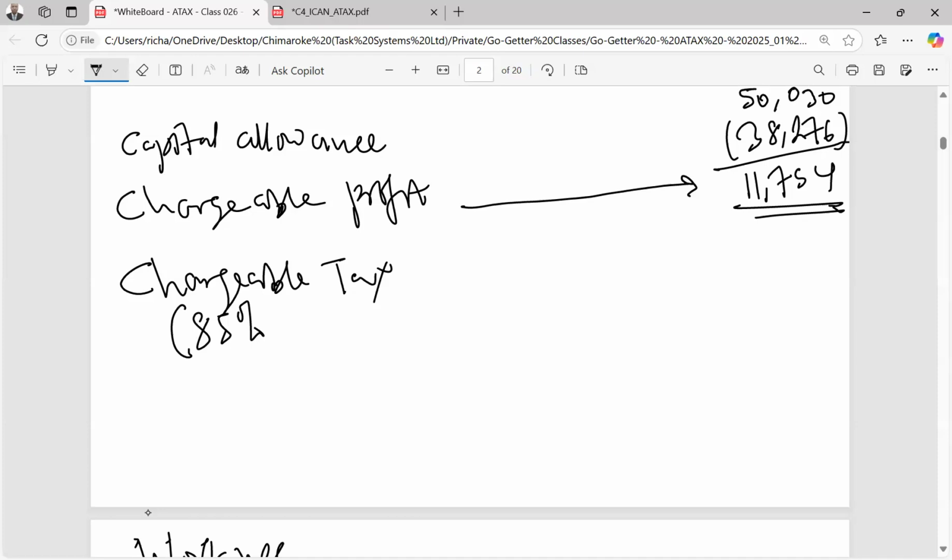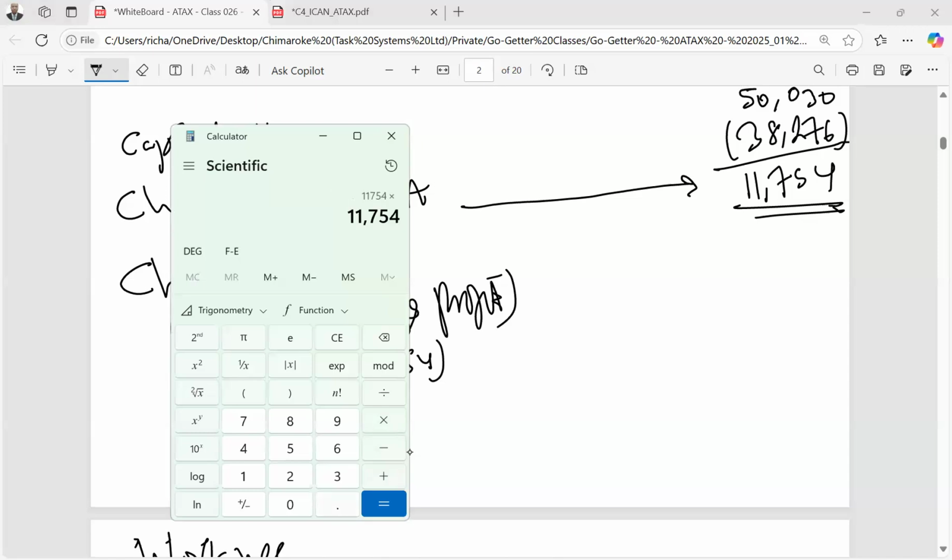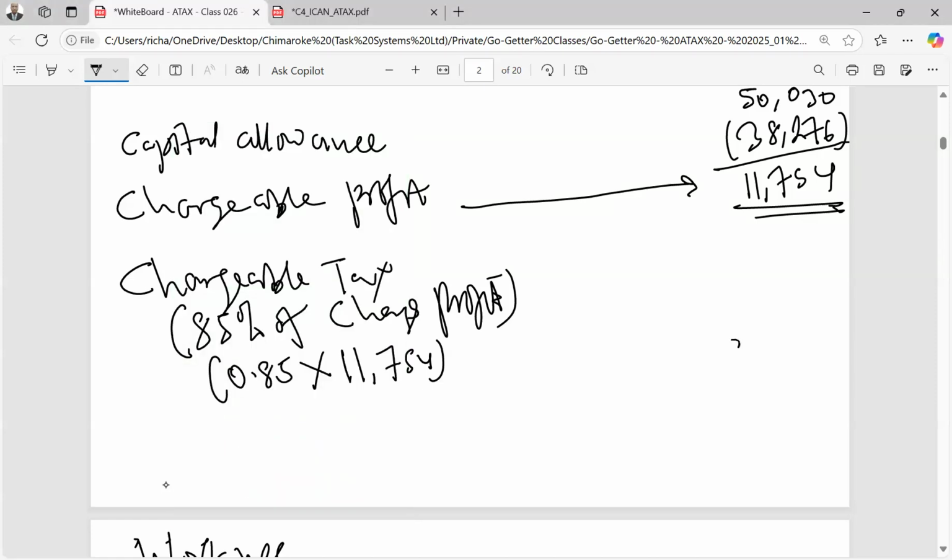But this chargeable tax is 85% of chargeable profits. So this is going to be 0.85 multiplied by 11,754. That's what we're going to do now. This times 0.85 gives 9,991. So this is the tax you're going to pay.